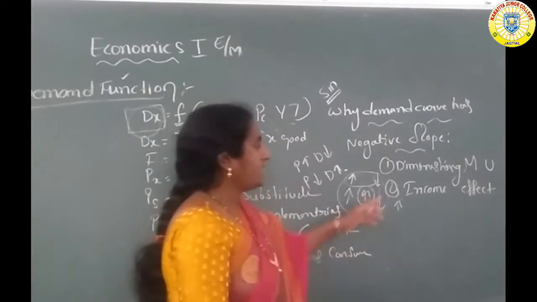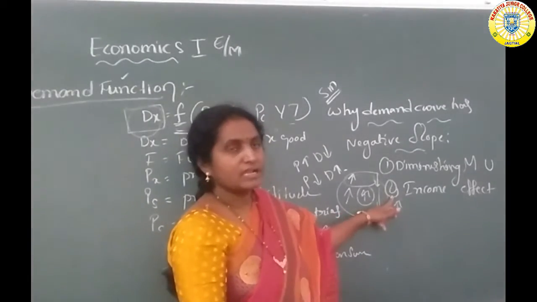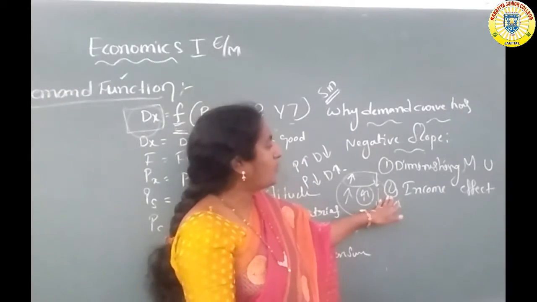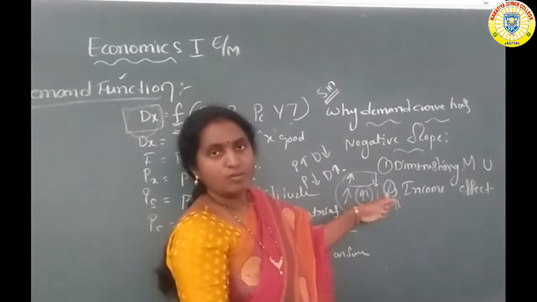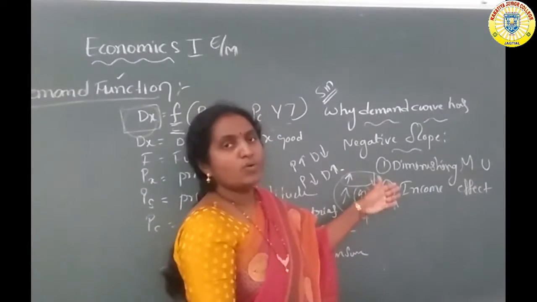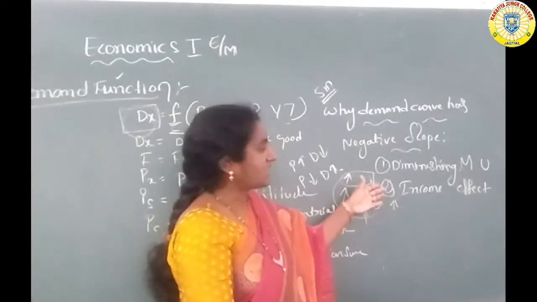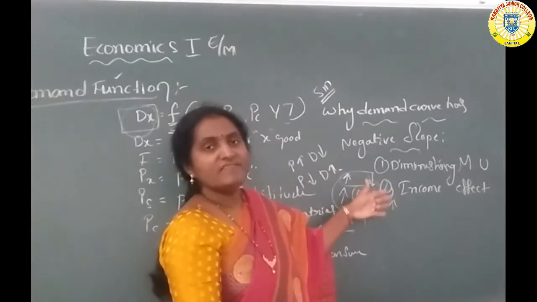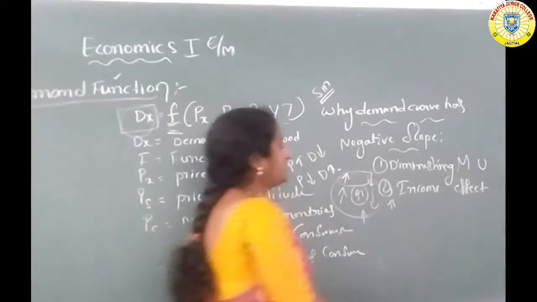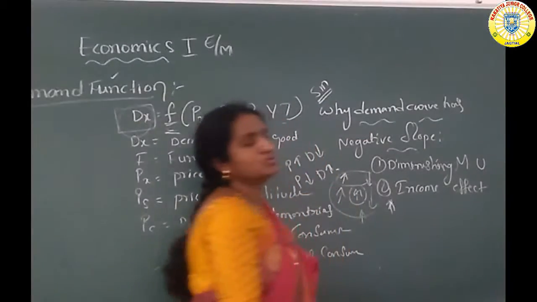At a higher income level, he has more purchasing power, so he tries to buy more commodities. When the income level is lower, he always tries to buy fewer goods.